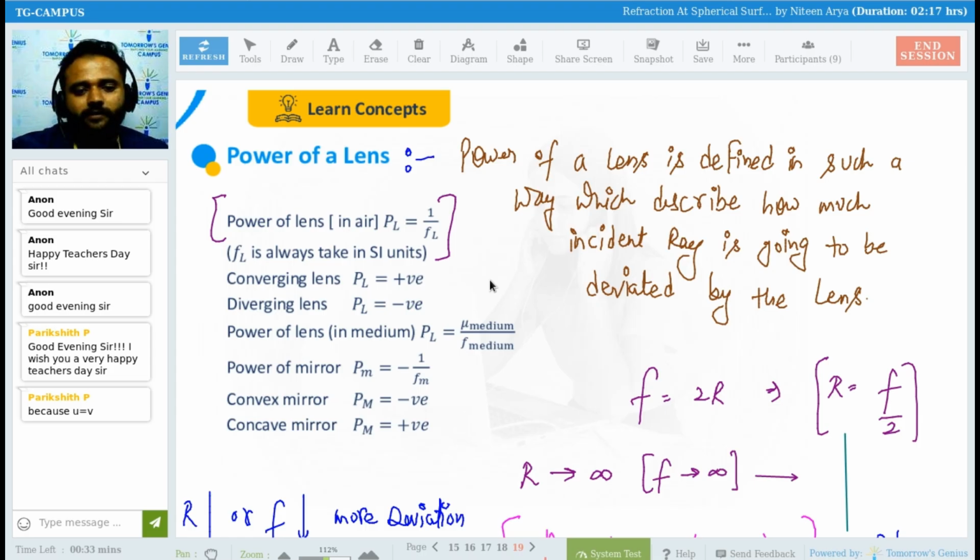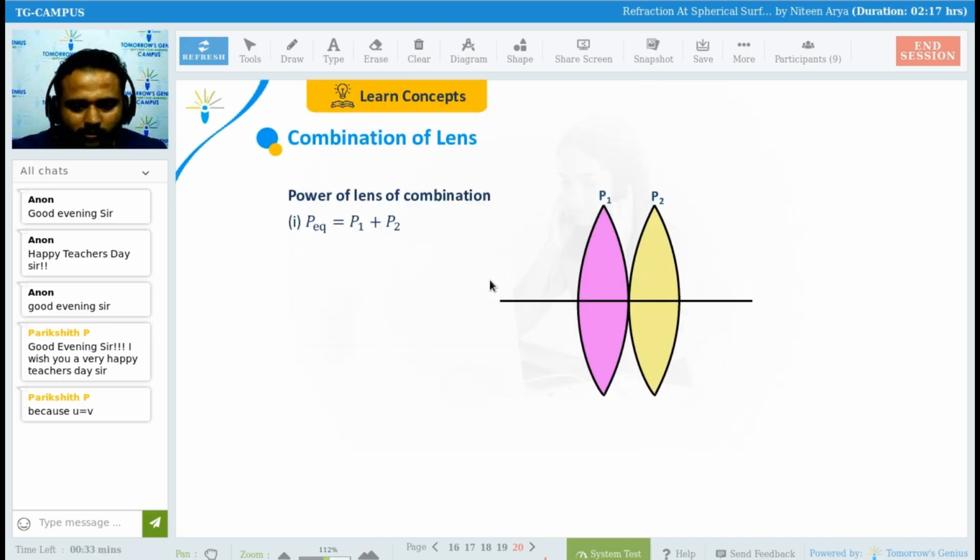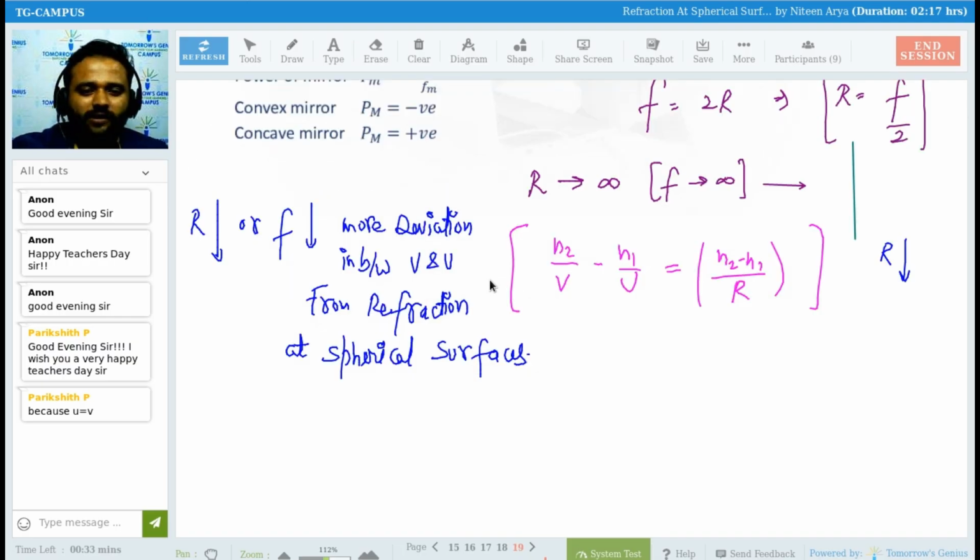It is going to be for meter. Simply, it is already done in class 10, but still for you guys, the power of a lens P is nothing but 1 upon the focal length of the lens, FL.